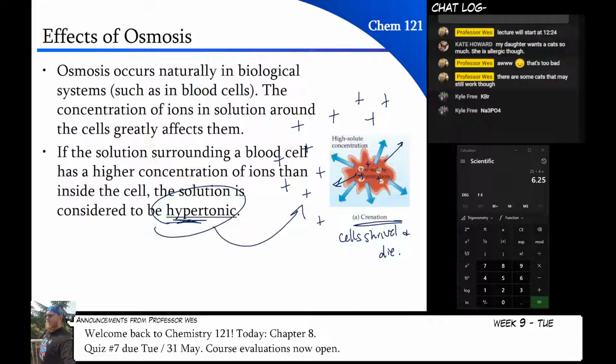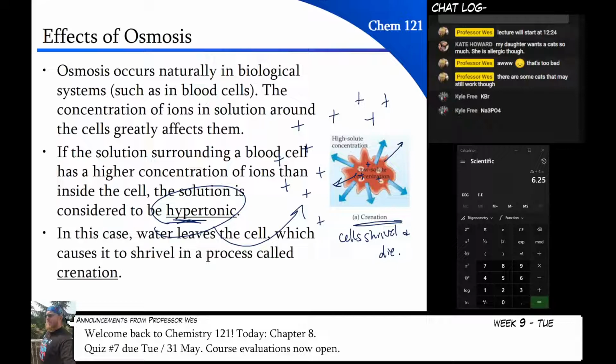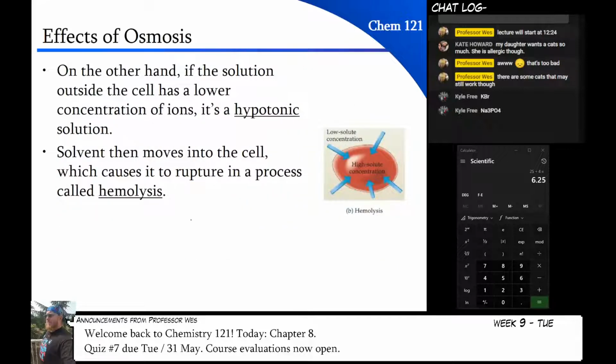Now, what happens if you have a blood pressure that's too low? How does this happen? What ends up happening here is that if you have very few ions outside the solution, but relative to the inside the inside has lots of ions, then the opposite process occurs.